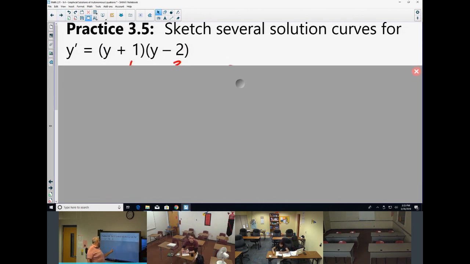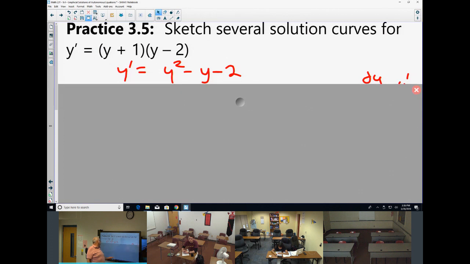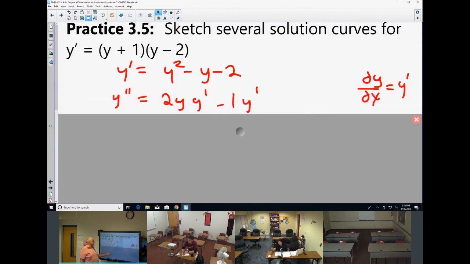Okay? So if we FOIL this out, then what would be the second derivative? Jada, what would be the derivative of this? Would it be 2y dy dx minus dy dx? So, right. And then the derivative of -2 would just be 0.